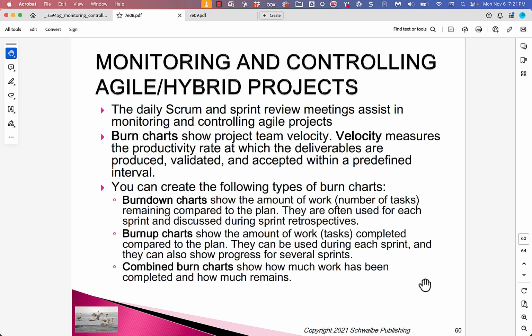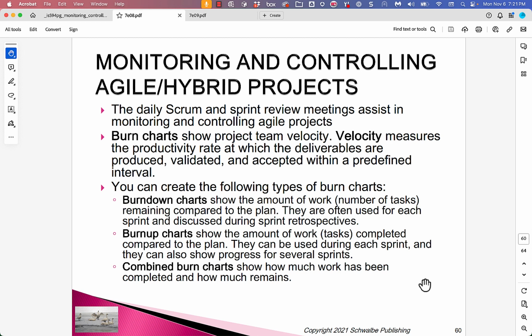Now, how might agile or hybrid projects be the same or different? Well, the daily Scrum and Sprint review meetings assist in monitoring and controlling agile projects. So, all of these events that go on in this agile process are part of monitoring and controlling.